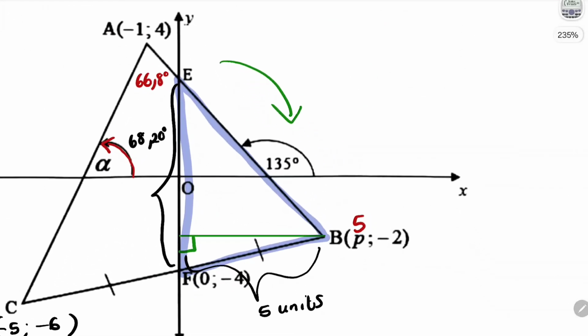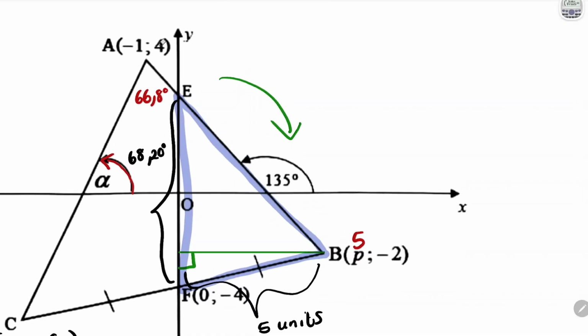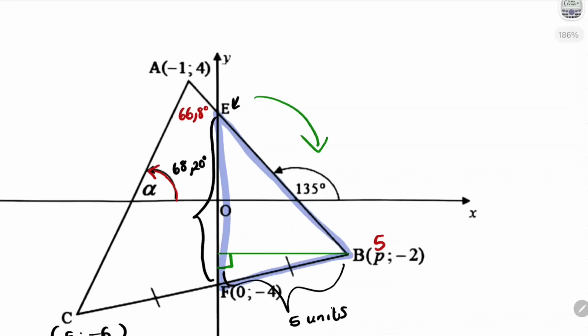And you have 2 points that you can use. I'm just going to use (-1; 4) as my point to substitute to find the equation of AB so that I can find the y-intercept. I just want to find c, because y equals mx plus c. Let's go ahead and do that.